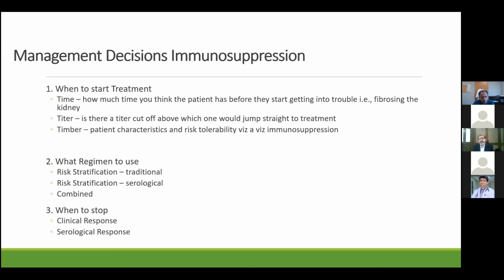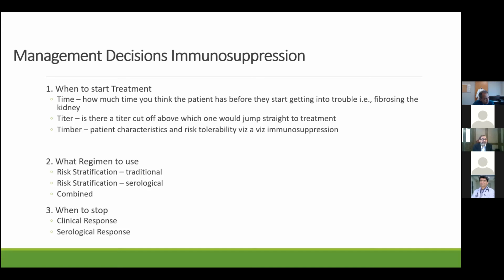You don't want to let that kidney cook as you're waiting to start treatment, but at the same time, you don't want to start treating a disease which may remit on its own. Then the question is, how do you use PLA2R antibody in this? We'll get some data and discuss some of that. And the other question is, how is the patient himself? Is he actually worth treating with immunosuppression or not?